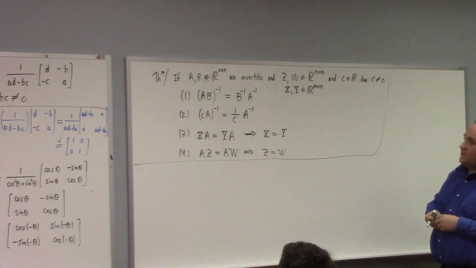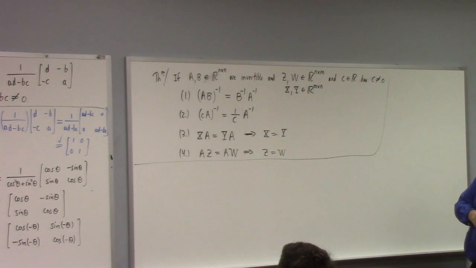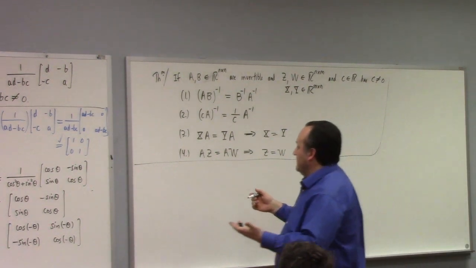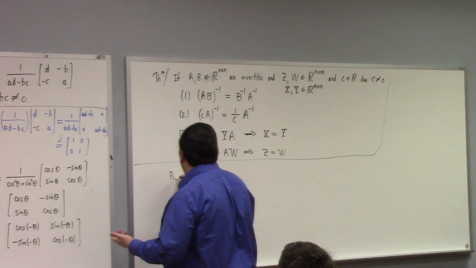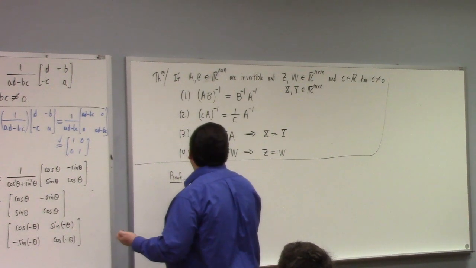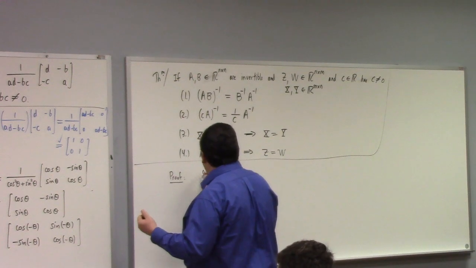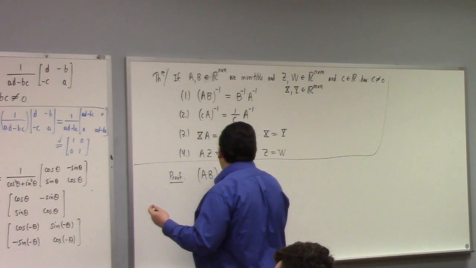Now, how would we prove that (AB) inverse is equal to B inverse A inverse? What does it take to prove it? Because of what we've already done today, all I need to do is check AB times B inverse A inverse. What do we get?